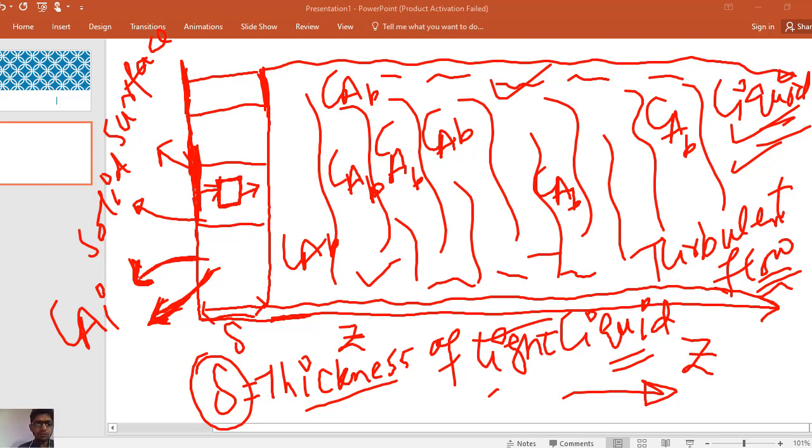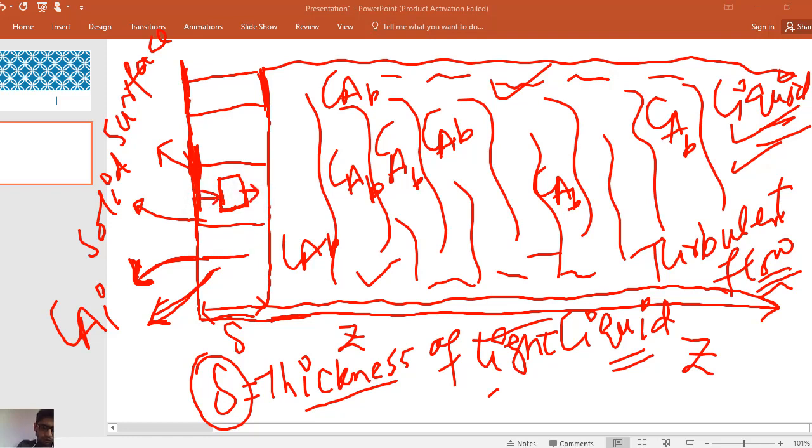Now this element is normal to the z direction. The area normal to the z direction is this area. Suppose we consider an element of thickness delta z, which is normal to the z direction.